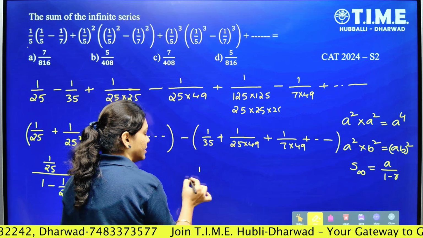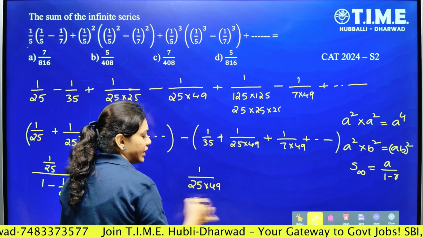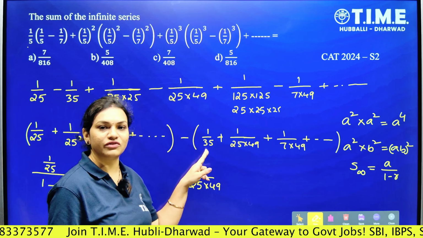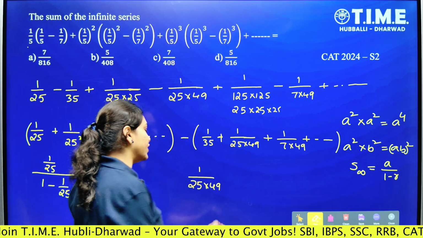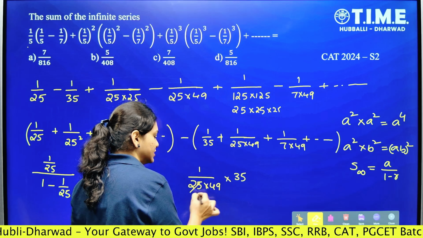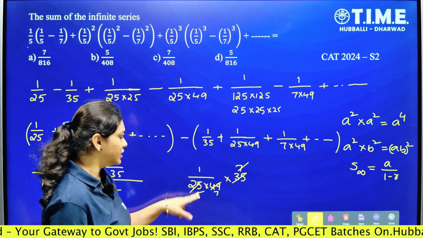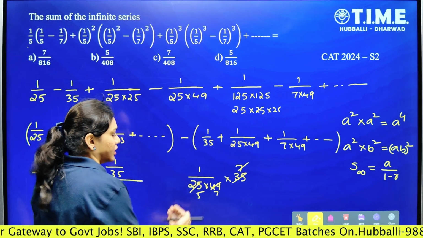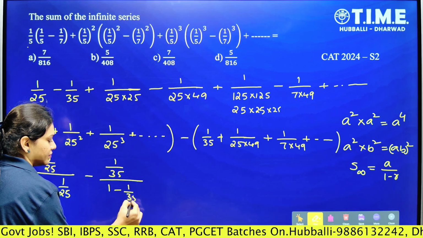Term 2 is 1 upon 25 into 49, entirely divided by the first term, which is 1 upon 35. We can just flip 1 upon 35, which is 35. So 5 5s are, 5 7s are, 7 7s are, and what we are left with here is 1 upon 35.